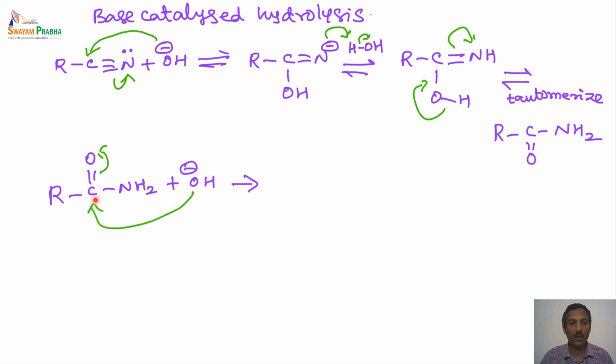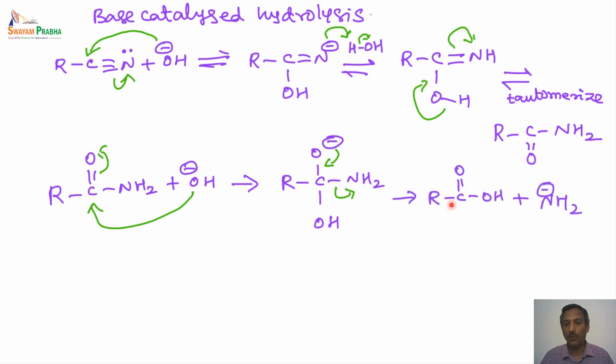So this electron rich nucleophile now tries to bond with the electron deficient carbon atom. So we end up with this particular intermediate, and now during the charge reversal, this negative charge comes to between the carbon and oxygen bond, and the NH2 group leaves to give the corresponding carboxylic acid, and NH2 minus ion is produced in this reaction.